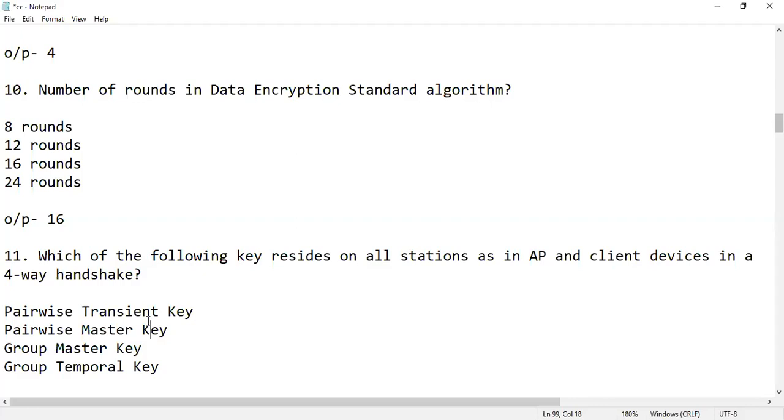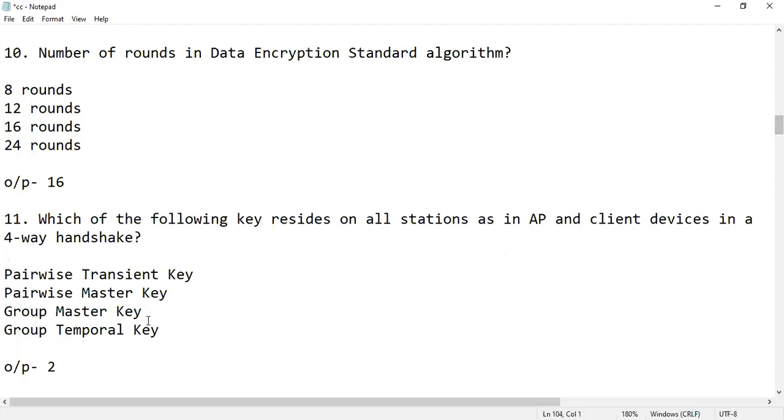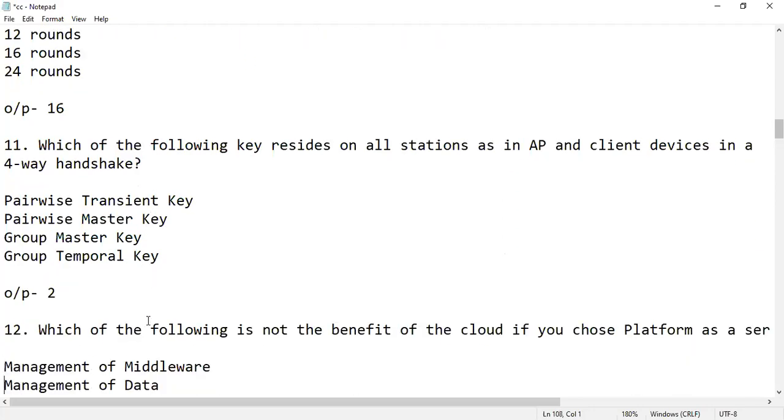It is network based, and in the four-way handshake, it is derived from the PSK, which is typically derived from the Wi-Fi password by putting it through a key derivation function that uses SHA as a cryptographic hash function. So for this question, the answer will be the pairwise master key.